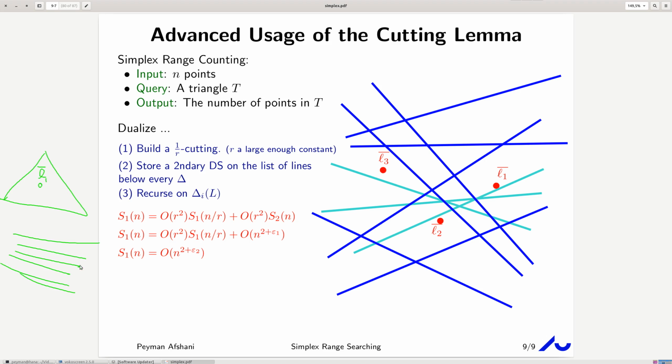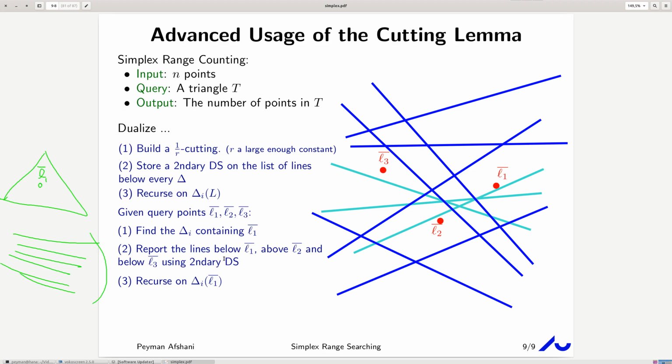The lines that are below this triangle are already below L1. So the secondary data structure is only supposed to find the subset of these lines that are above L2 and below L3. That's what the secondary data structure is supposed to do. With that in mind, let's look at the query time.